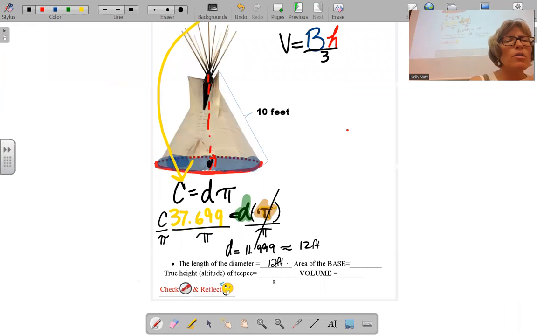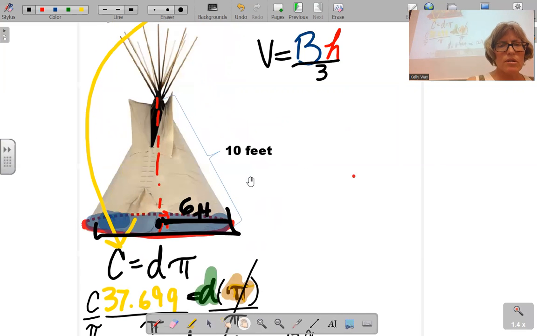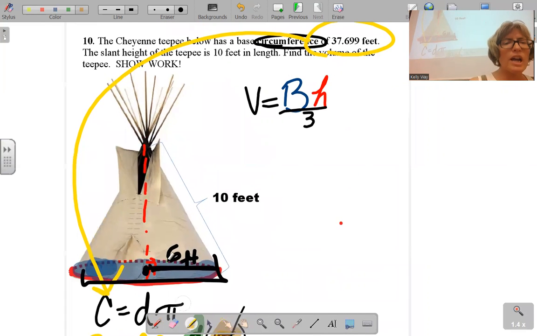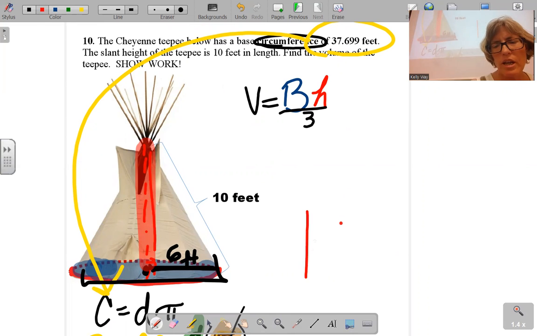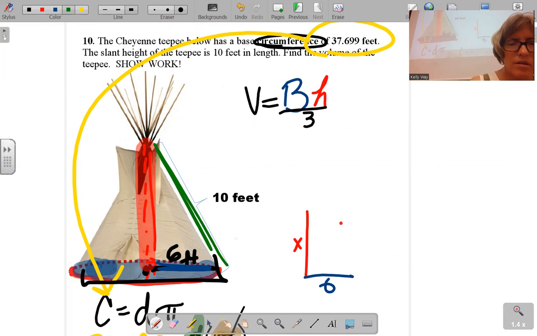So let's come up here. We just found this is 12, which means our radius is 6 feet. We're still missing the height, aren't we? You can see right now, though, what you got. Unknown. 6. 10.